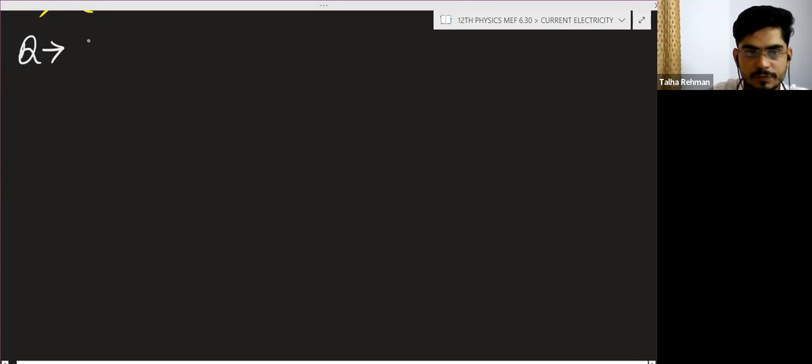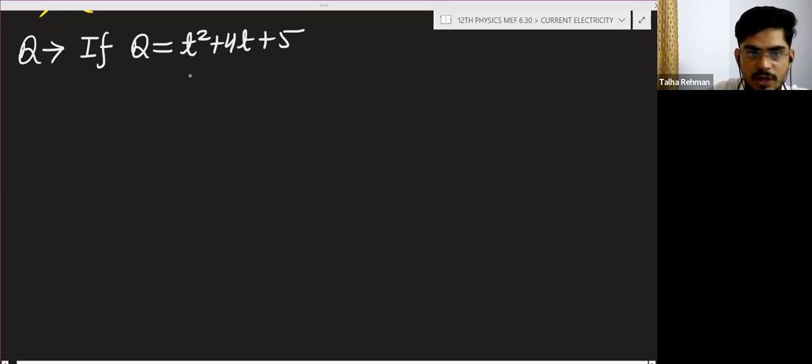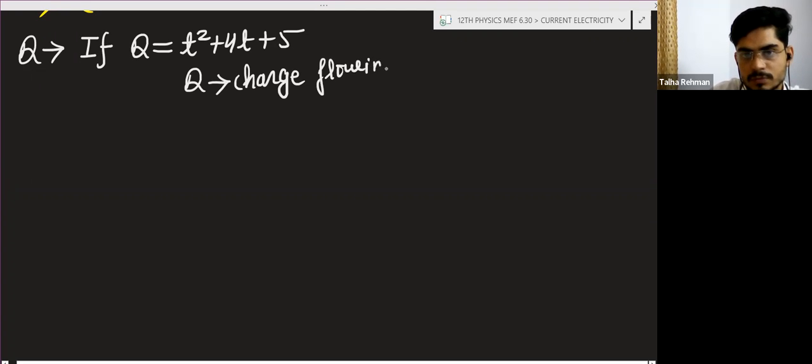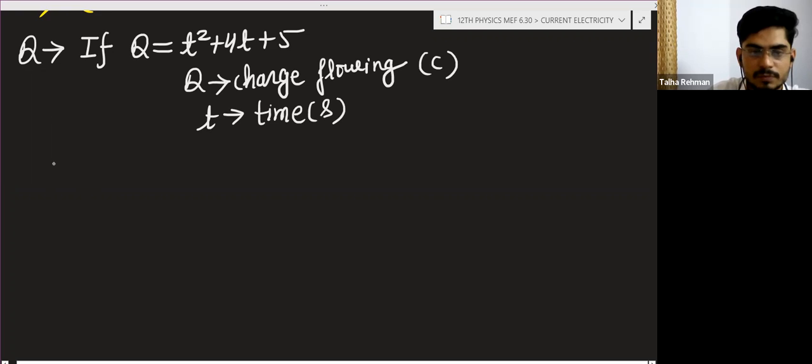Now there is a question: if charge q is like this, t square plus 4t plus 5, where q is the charge flowing and t is the time in seconds and charge in coulomb.